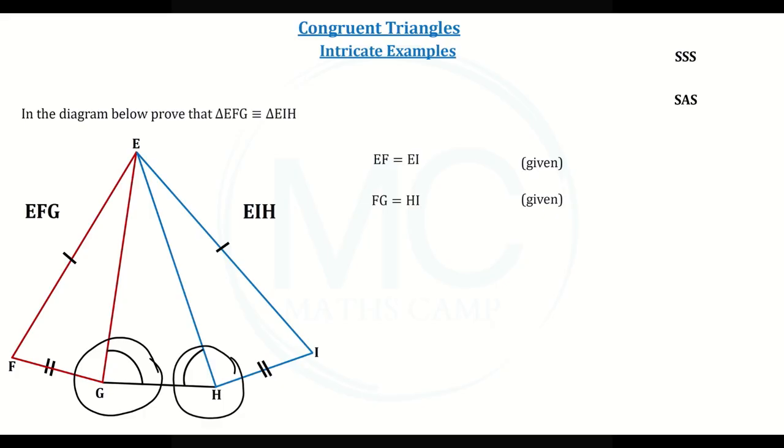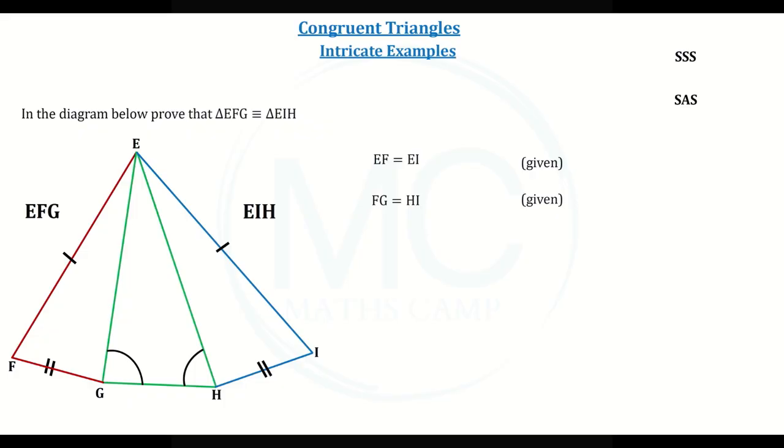So we cannot consider them as possible corresponding angles. GH is also not an extension of one of the triangles we've been working with, so we cannot consider them as external angles either. But both angle G and angle H sit in triangle EGH. So let's make this triangle green.